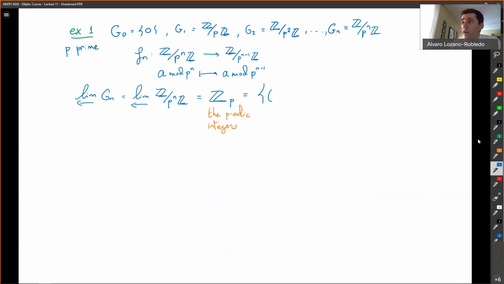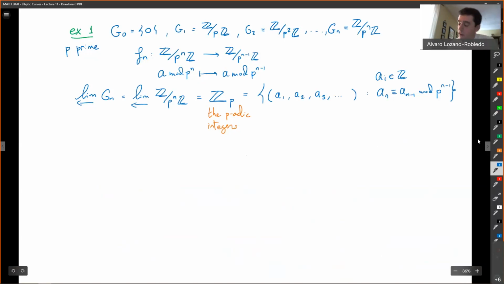They are just sequences A1, A2, A3, etc., such that an is congruent to an minus 1 modulo p to the n minus 1. So integers that are congruent, and each number gives you a higher congruence condition.